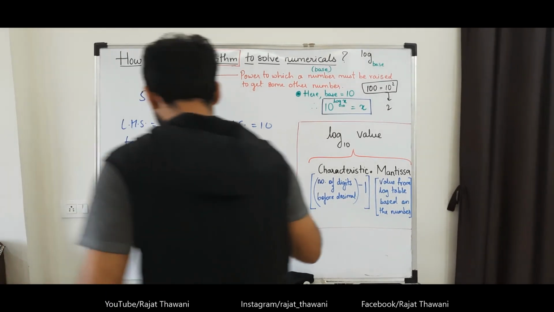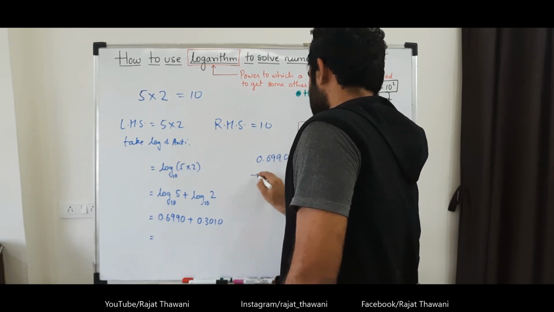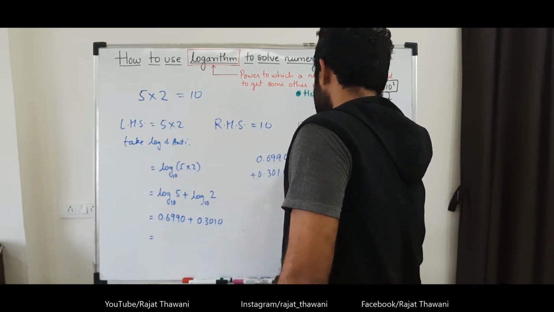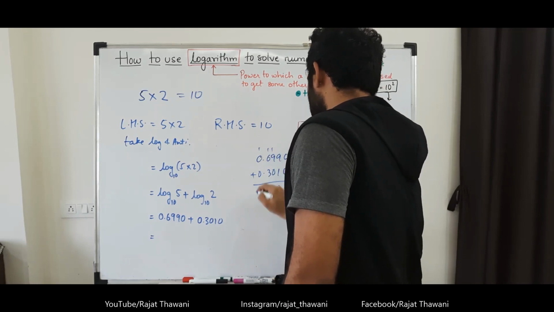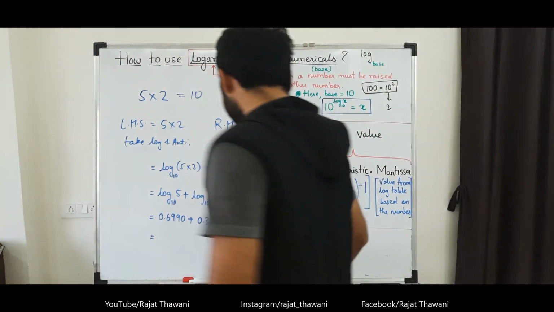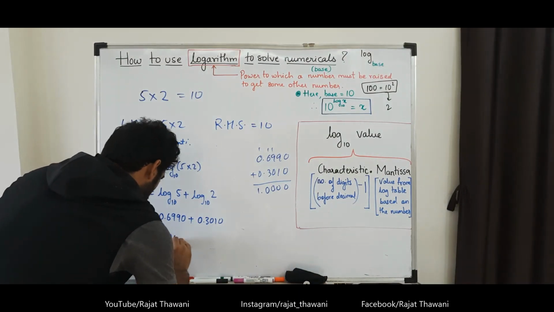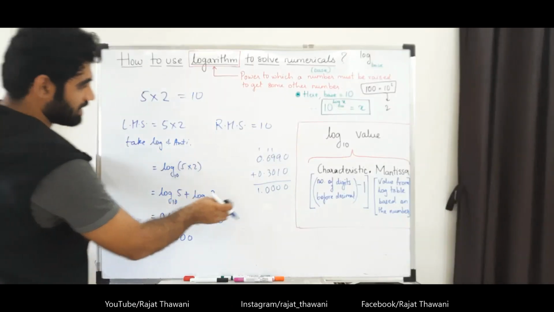Just add this. 0.6990 plus 0.3010 comes to 1.0000. So this is the log of 5 into 2, when I am doing it by the formula.